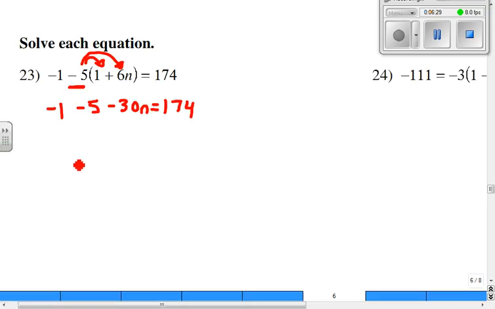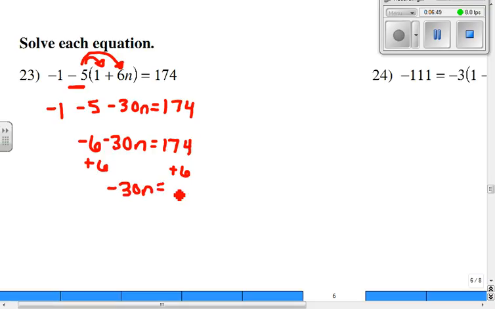So now I'm going to combine like terms. Negative 1 minus 5 is negative 6 minus 30n is equal to 174. Well, let me just add 6 to both sides. That gives me negative 30n is equal to 180.